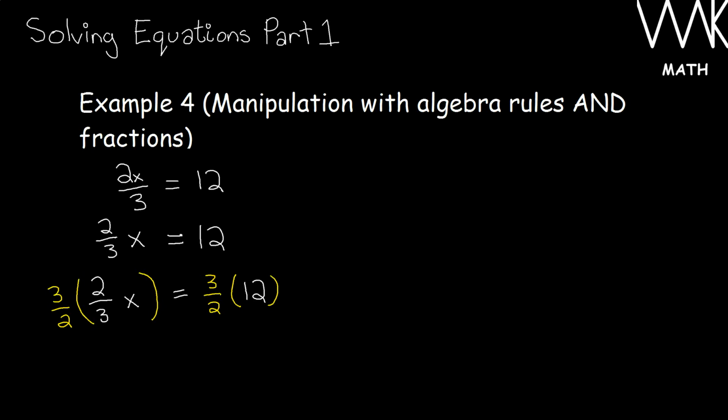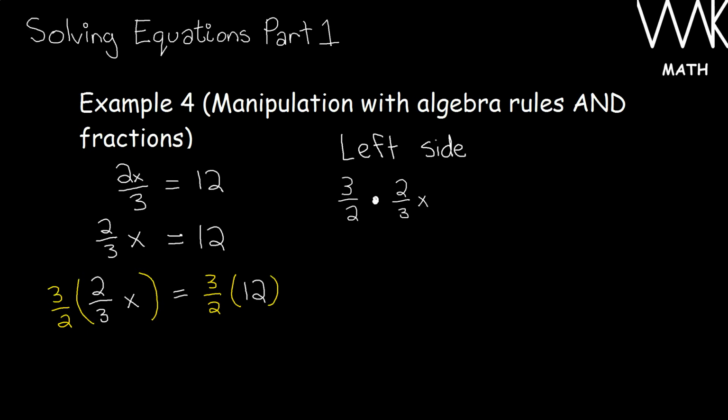Let's see what's actually happening with the left side and the right side in detail. So let's start with the left side. Effectively we have 3/2 times 2/3 on the left side. If we recall algebra rules, when you multiply any number by an algebraic term, only the number portion multiplies itself and the variable remains as part of the answer.